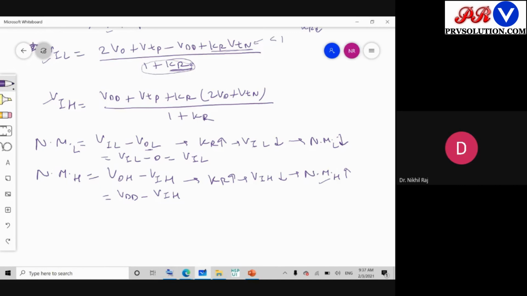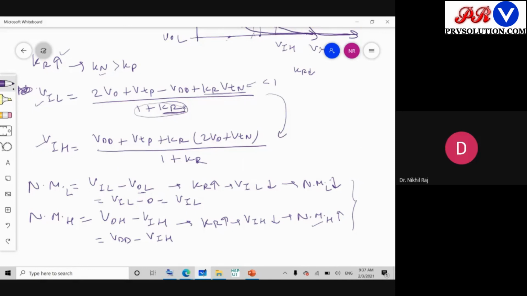So depending upon the type of requirement, we do the device sizing and then model the design accordingly. This way we design the inverter, and the required noise margins, the amount of voltage swing, are all decided with these design equations. So these two are the design equations that play the role in calculating the noise margin of the inverter.